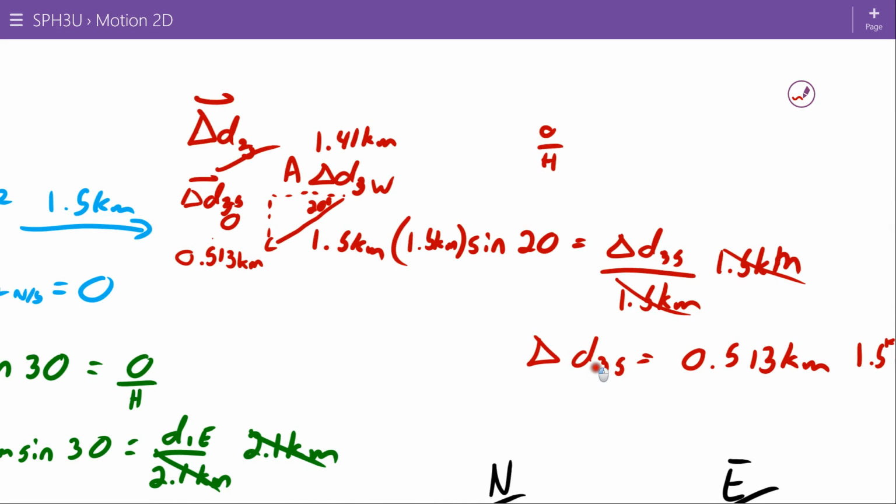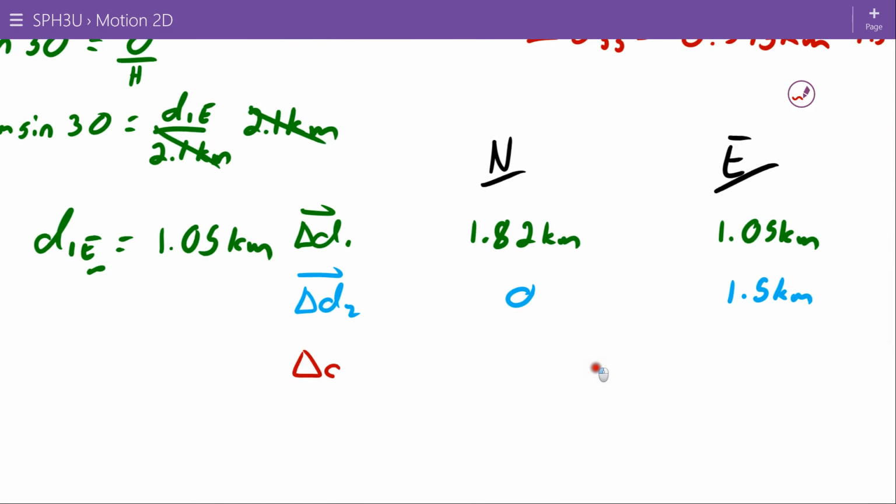Now 20 degrees is a small angle, so what that means then is that this 0.513 is smaller than this 1.41. Again, I haven't gotten a protractor or anything, but I drew a little bit to scale, and what I can see is that this side here is a little bit smaller than the side here, and so these numbers make sense. I haven't reversed them, which is the biggest problem you're going to have.